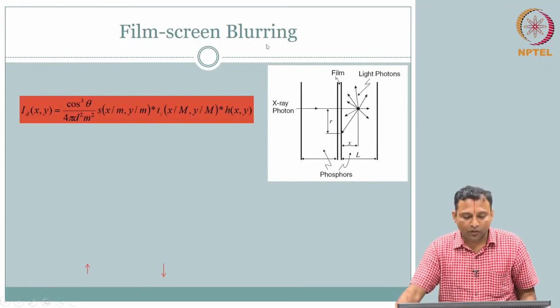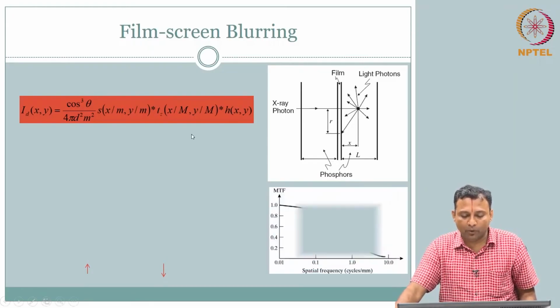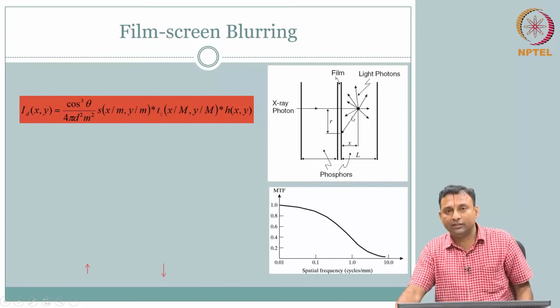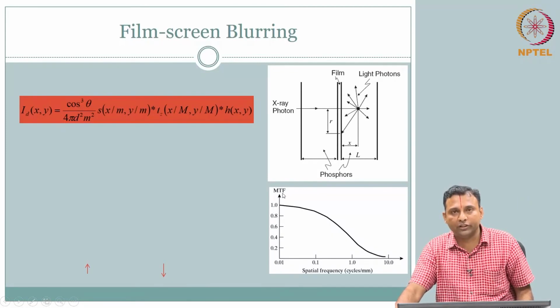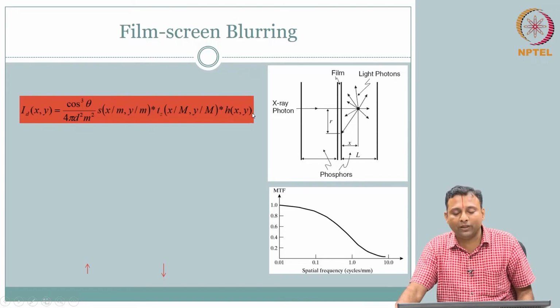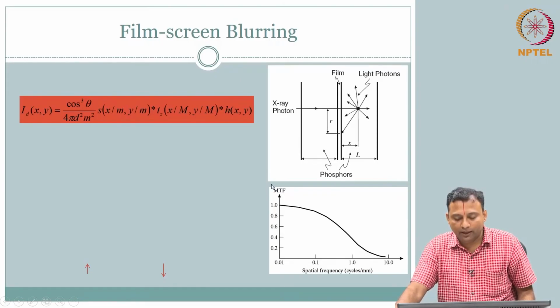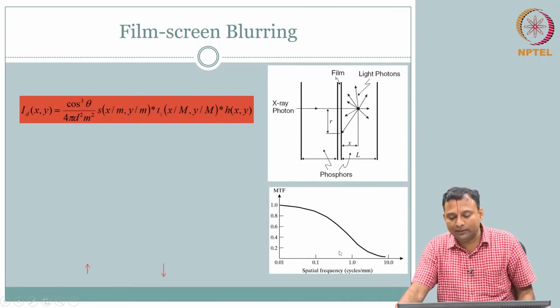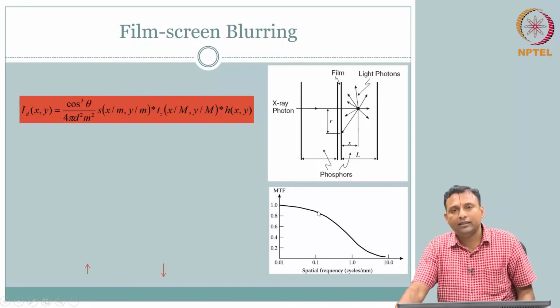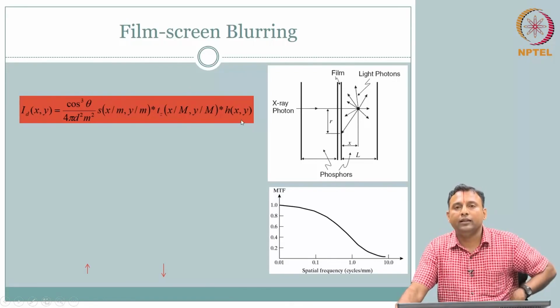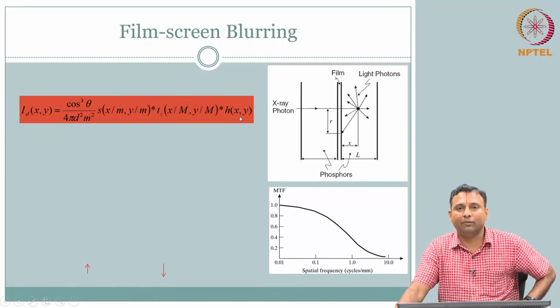So I can update this h of x comma y, and we already used this idea of the modulation transfer function. You can characterize this film screen, meaning you can capture the system performance h of x comma y, and this kind of plot, which we call the modulation transfer function, can be used to capture it.